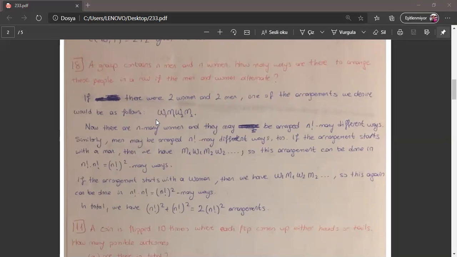Okay, but remember this arrangement, for example, starts with a woman. It may start with a man, right? So again, we have n factorial times n factorial many ways to arrange them. Thus, for each one, we have n factorial squared many arrangements. So we have, in total, this many arrangements.